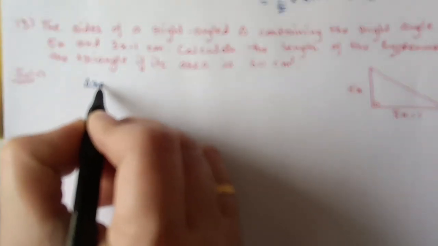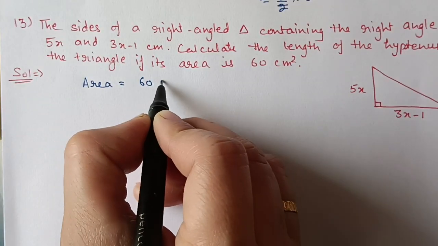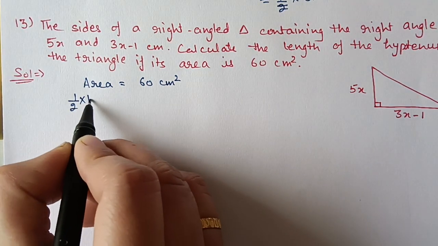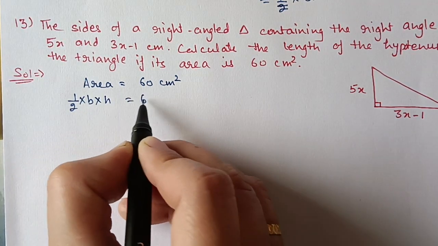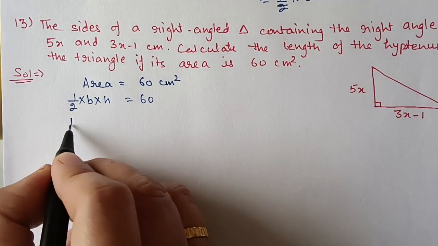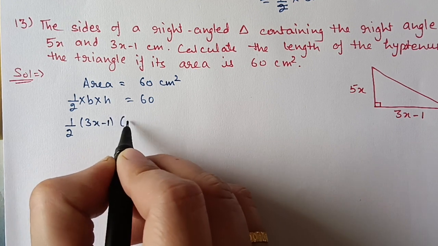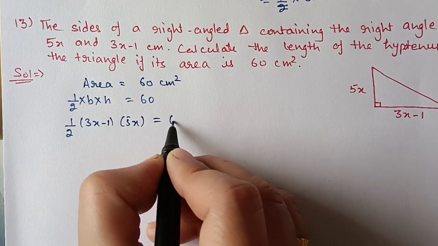As we know, area is given as 60 centimeter square and area formula is half base into height. Base is given as 3x minus 1 and height is given as 5x, which is equal to 60.